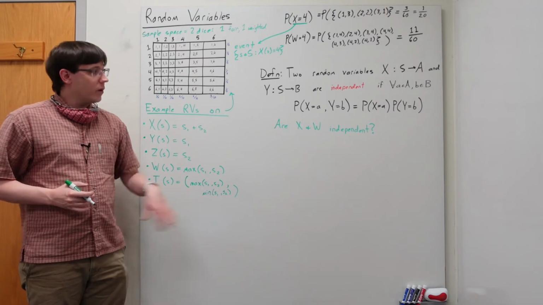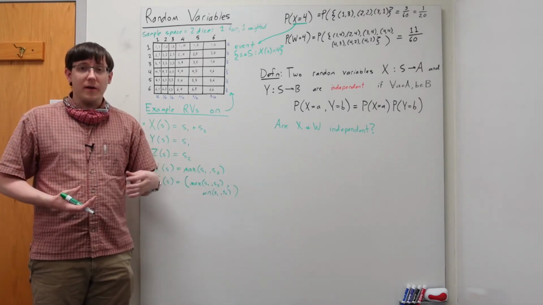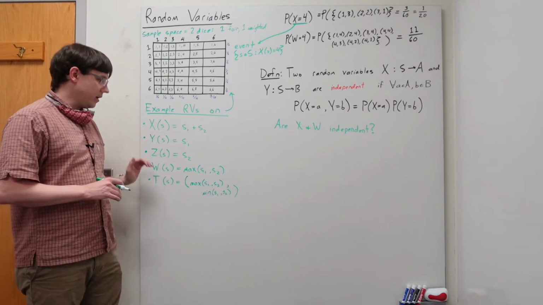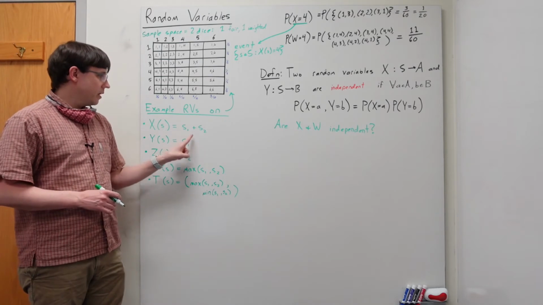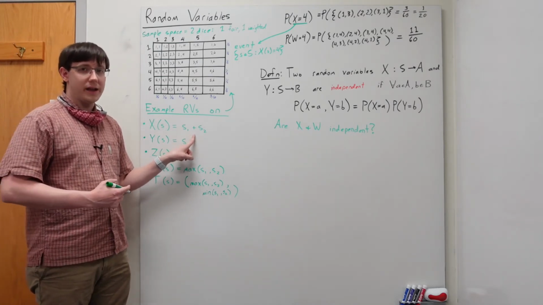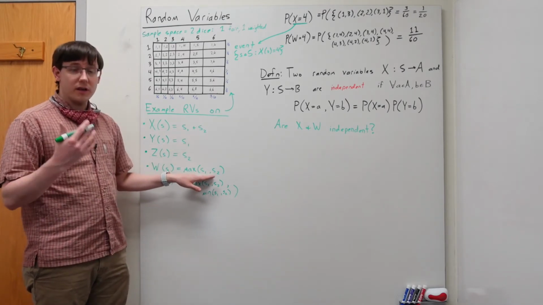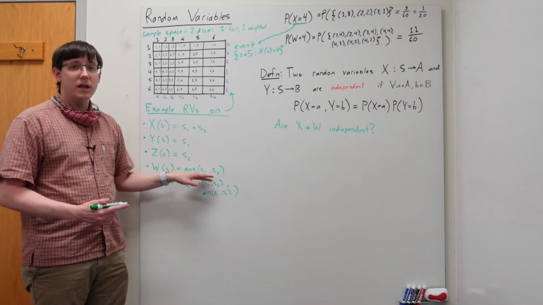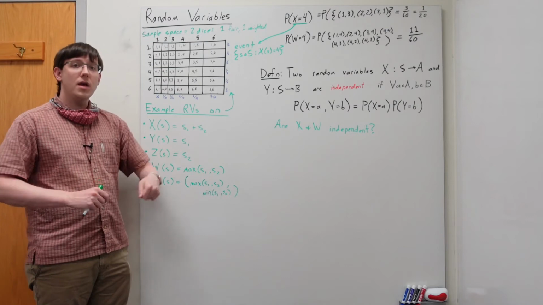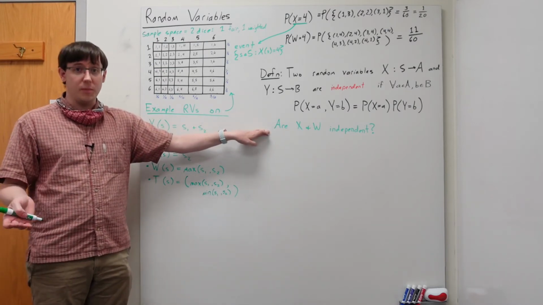If we're considering whether X and W are independent, then we need to think about all pairs of values that X and W could take on. There are 11 different events of X taking on one of its possible values and 6 different events for W. And so all 66 pairs of events must be independent for the two random variables to be independent.